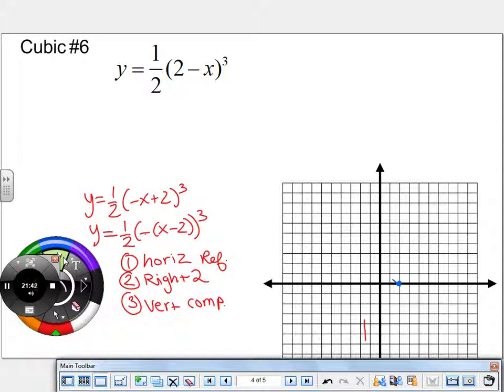But now that's getting compressed and is getting multiplied by 1/2. So instead of a distance of 1 vertically, I want it to stay in the same place horizontally. I'm not moving it right or left, but I want it to only be a distance of 1/2 from the vertex. So it's going to go like this. And same thing for the one that was below it. Okay? So that's going to cause the curve of your graph to stretch out just a little bit more. Okay? Because it kind of took it and went like this.